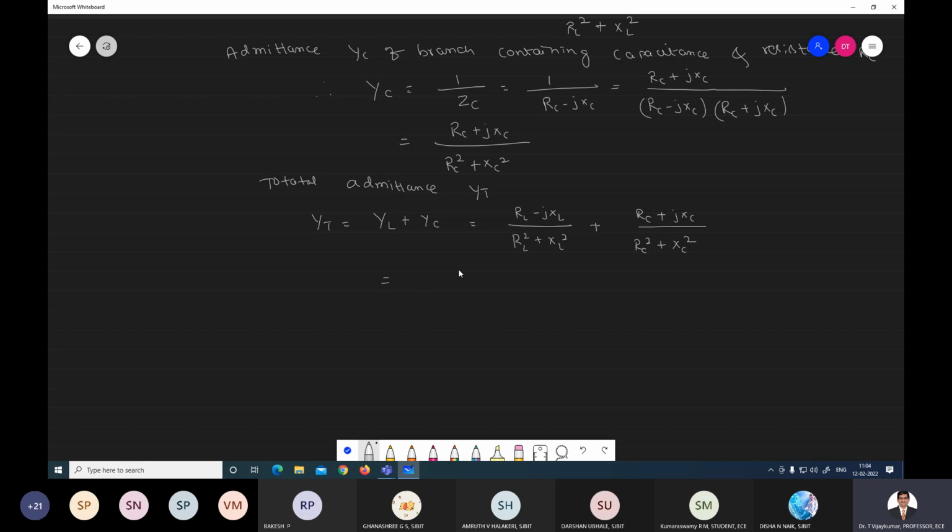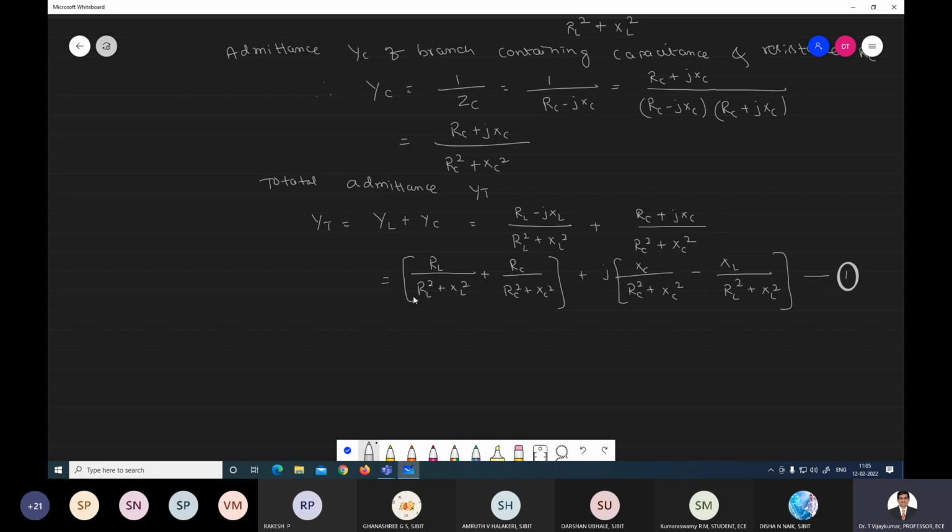Separating real and imaginary parts, we can write it as RL divided by RL square plus XL square plus RC divided by RC square plus XC square, plus j into XC divided by RC square plus XC square minus XL divided by RL square plus XL square. Call this equation 1.